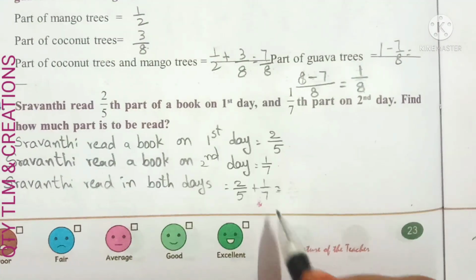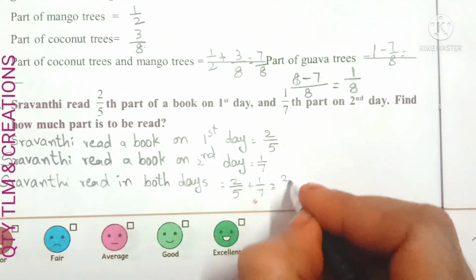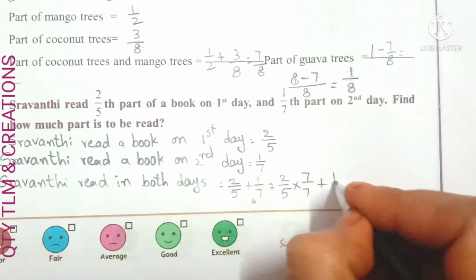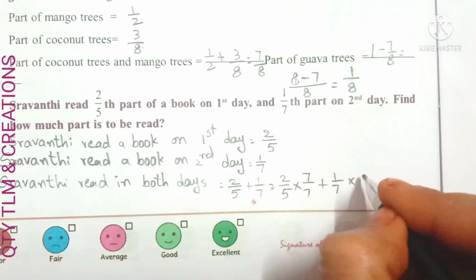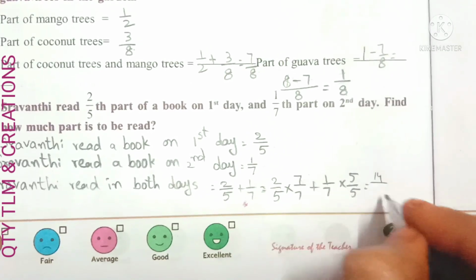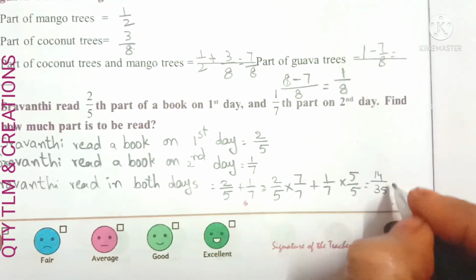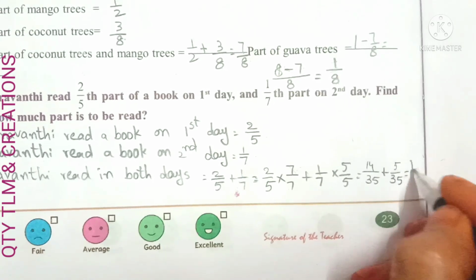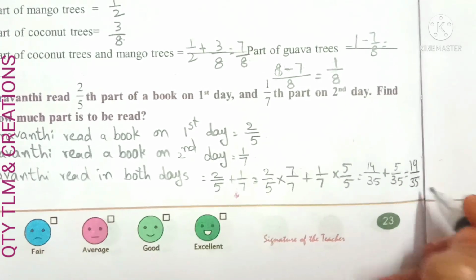LCM of 5 and 7 is equal to 35. So 2/5 into 7/7 plus 1/7 into 5/5 is equal to 14/35 plus 5/35, that is equal to 19/35.